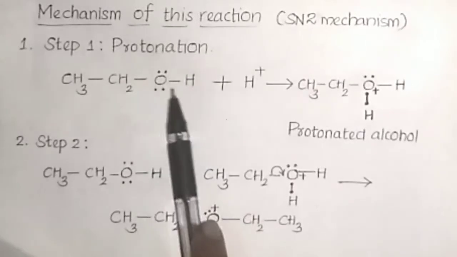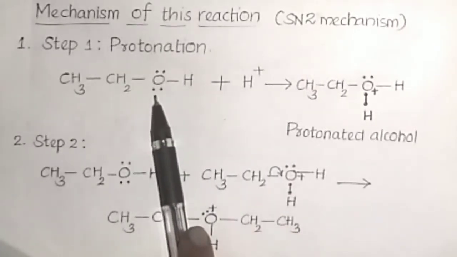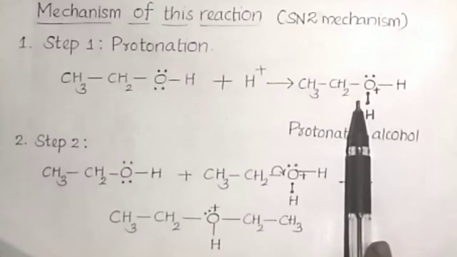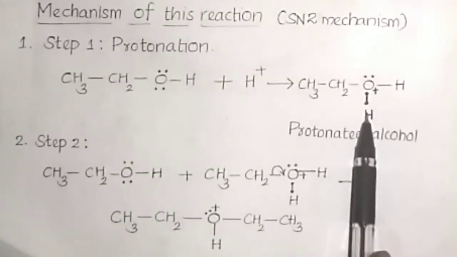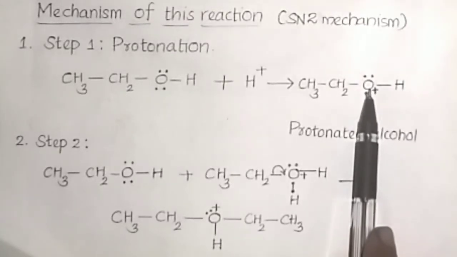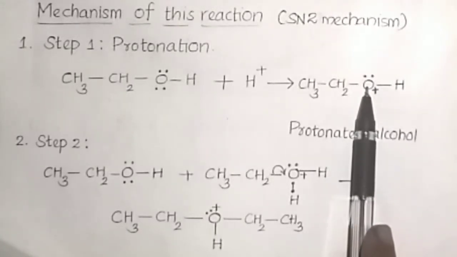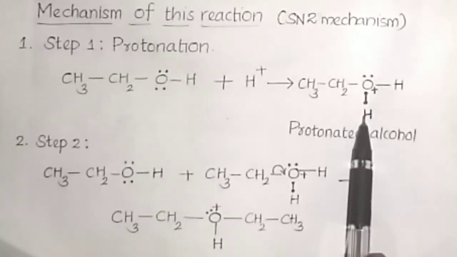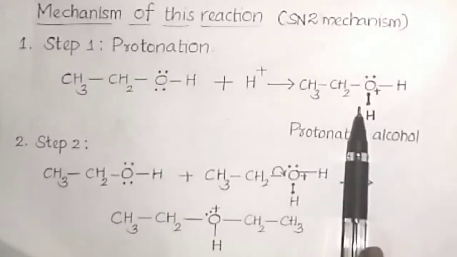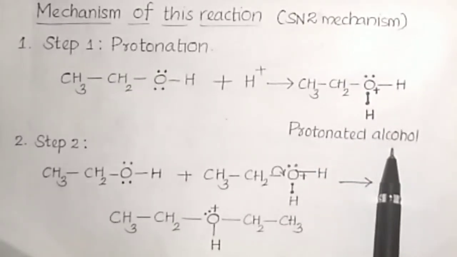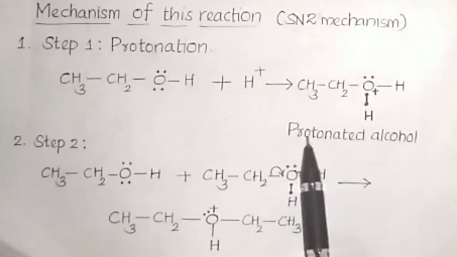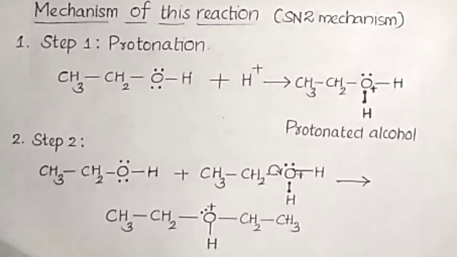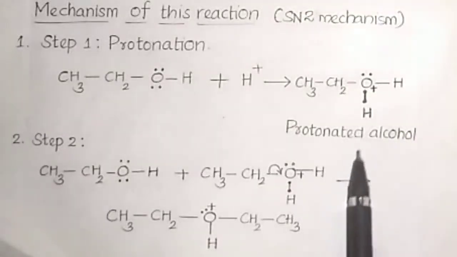Then the positive charge is given to this oxygen atom because it is now electron deficient, since it forms a bond between oxygen and hydrogen. This is known as protonated alcohol, because one H plus is added to this alcohol. H plus means proton.